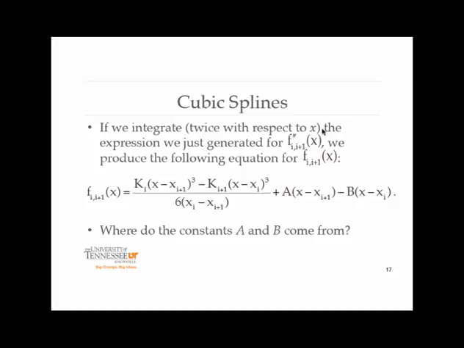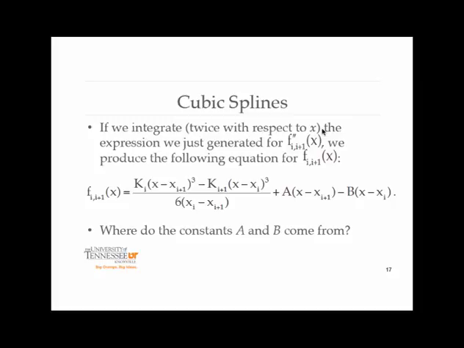So why did we care so much about the second derivatives? Again, it was to get the smoothness through the interior points. But what we really need to do is to be able to produce what the cubic spline is going to look like, so that we can use it to do predictions and to fill in missing values and so forth, just like we've done with other forms of interpolants. So what can we do?